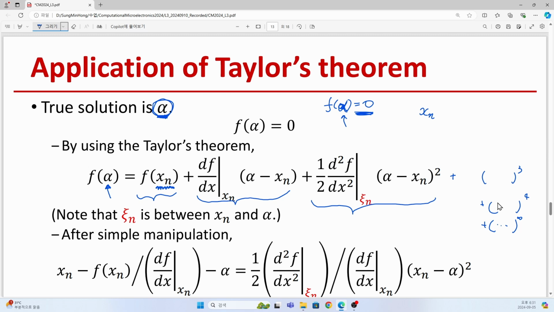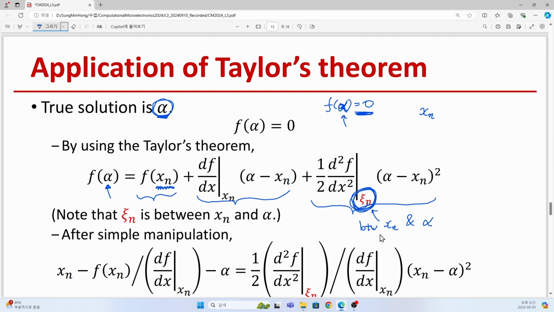However, the point is all of these higher order terms are just merged into this second order term by introducing a certain evaluation point. This is not exactly x sub n, but this is a certain value between x sub n and the correct solution alpha.